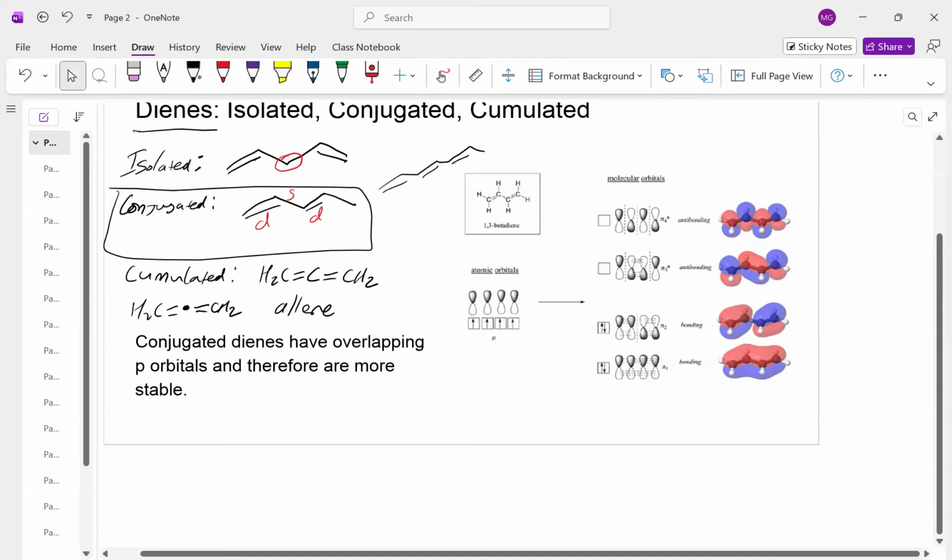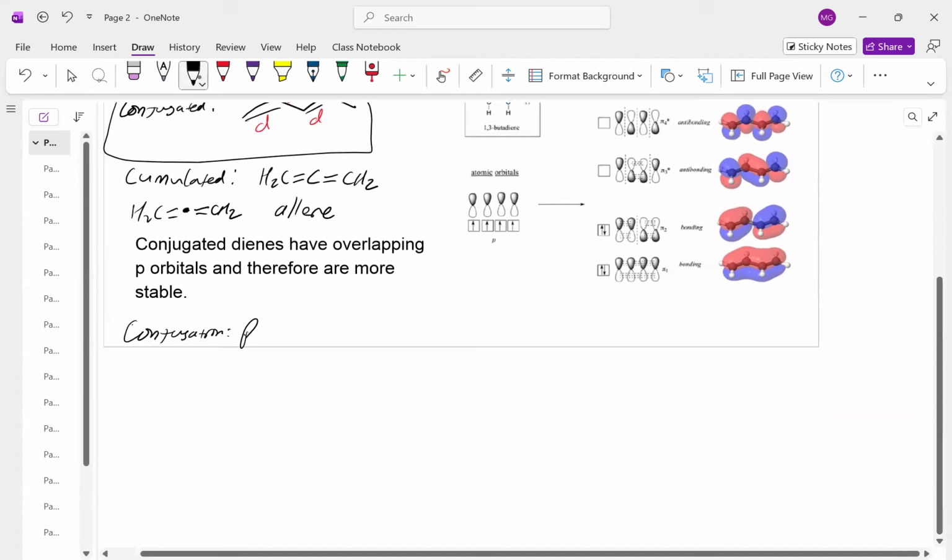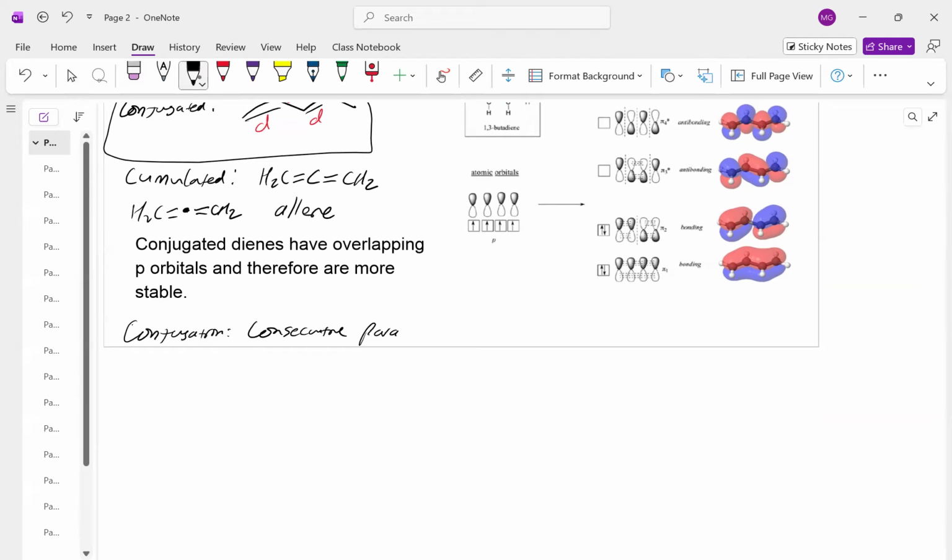And the technical definition of conjugation is where you have consecutive parallel p orbitals.